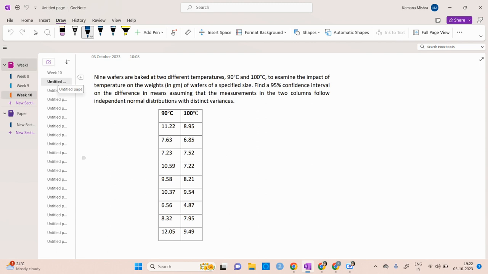If you have just one sample, say you have been given data just for 90 degrees Celsius, that means it is from one distribution only, so nu is n minus 1. So if you have 10 samples, the degree of freedom is 9.